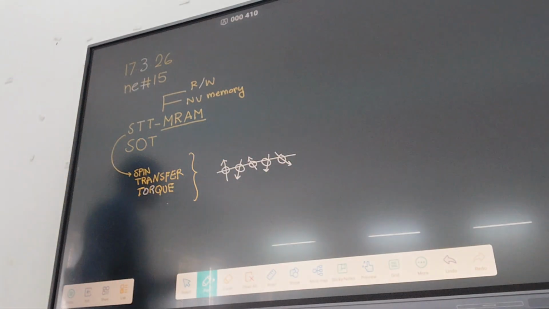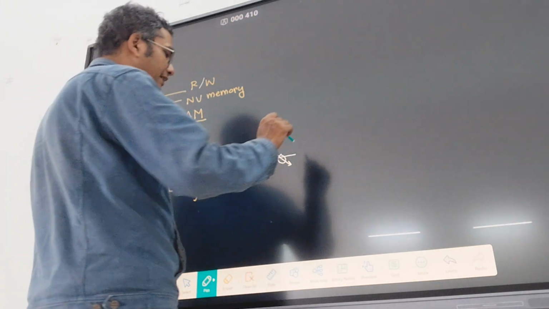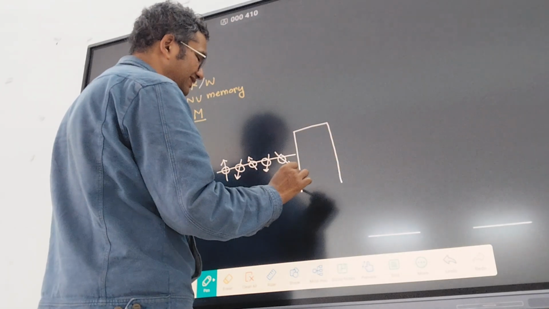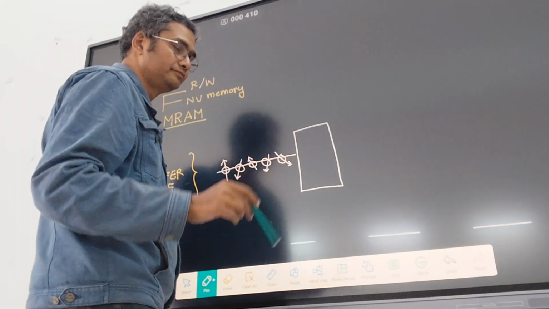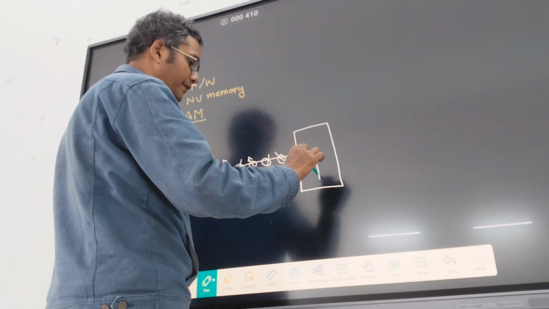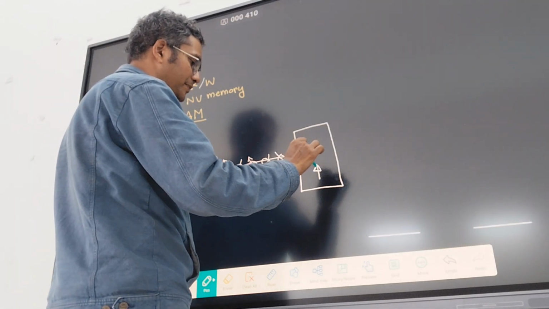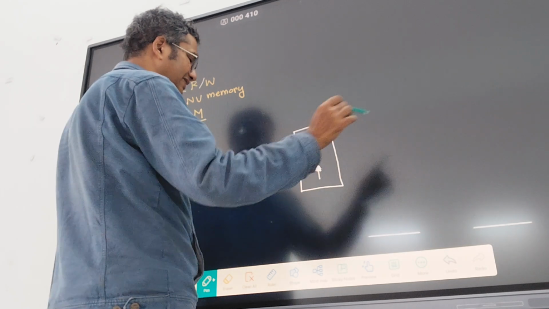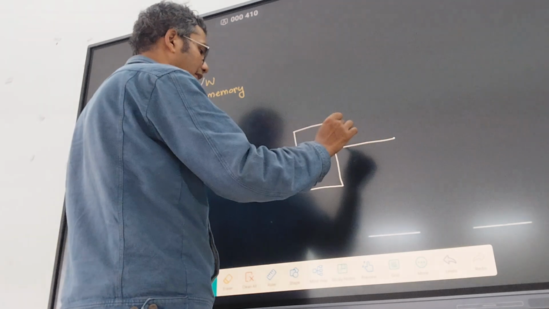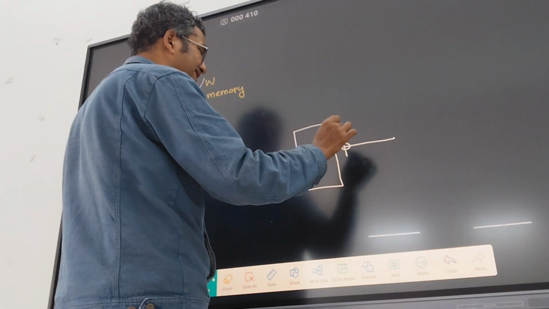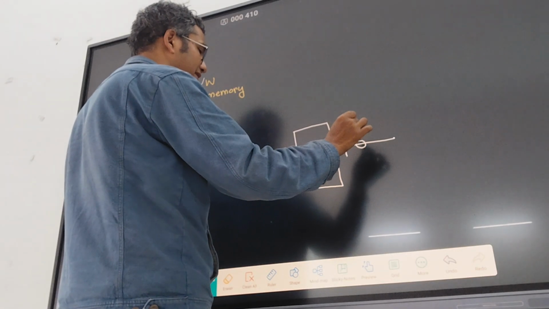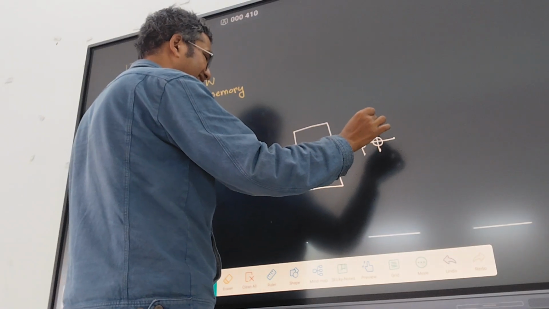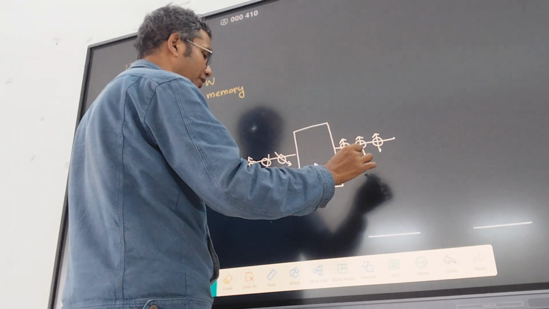Random spins, or unpolarized spin. When they enter a system which has a preferential spin direction, they come out as polarized, that is, having the spins in a particular direction. It's called spin polarized current.